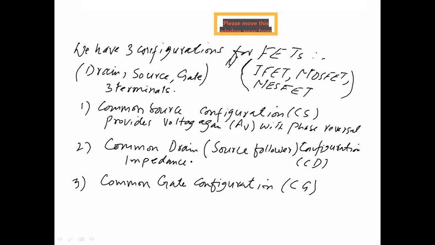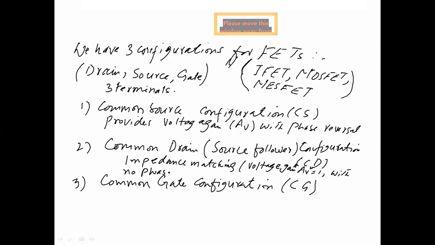Voltage gain AV is equal to 1, unity voltage gain with no phase reversal.